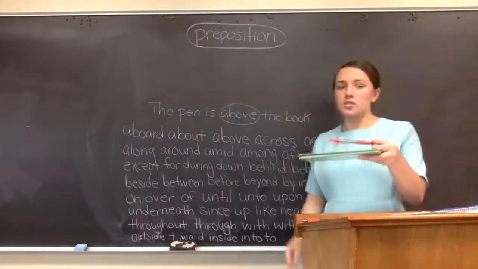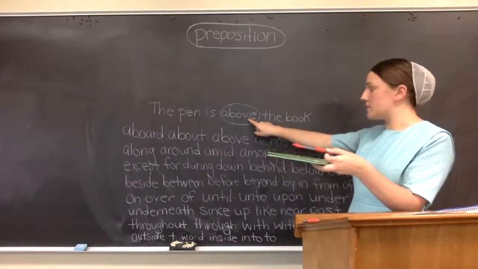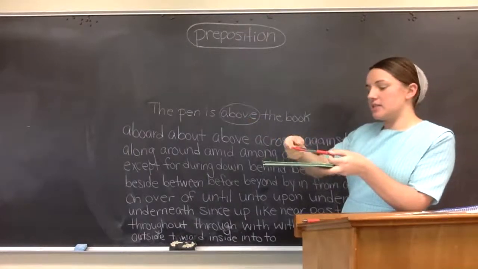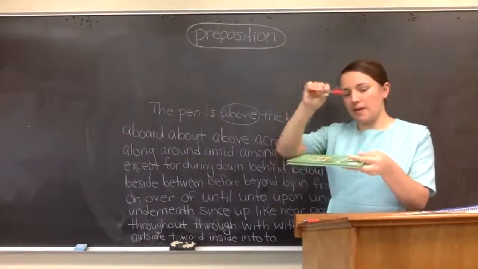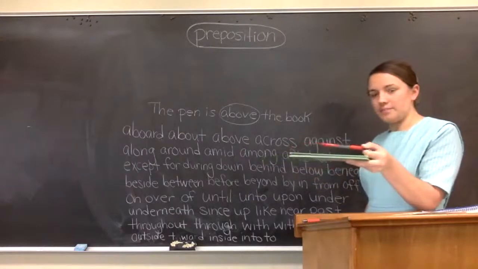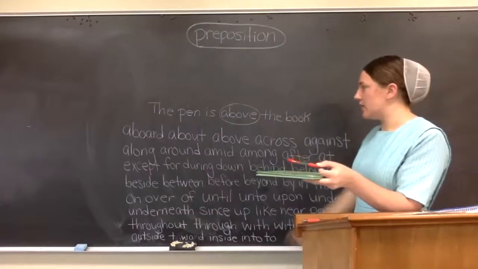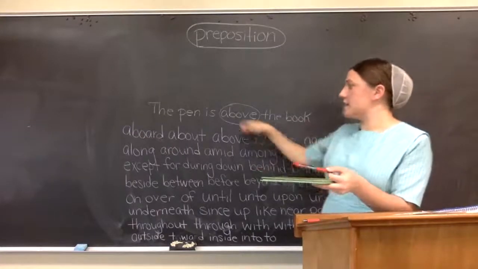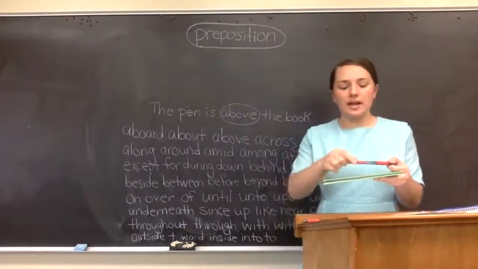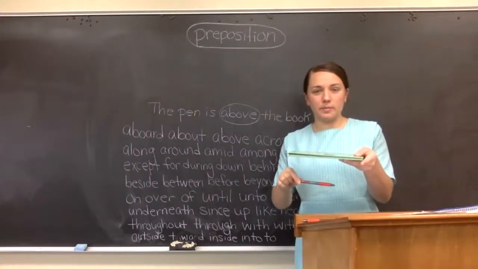So when we're talking about a book and a pen, our preposition here says that the relationship between this pen and the book is that the pen is above the book. That's what a preposition does. It tells us the relationship between the word after it and something else. Now, we could also say the pen is under the book. Then under would be the preposition.